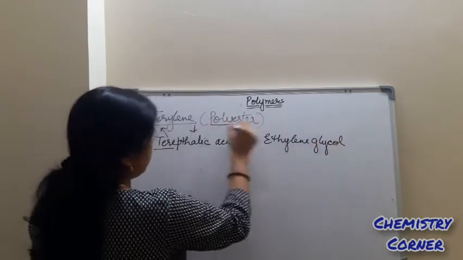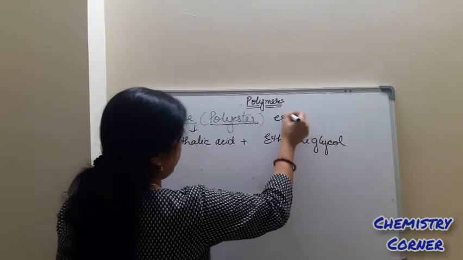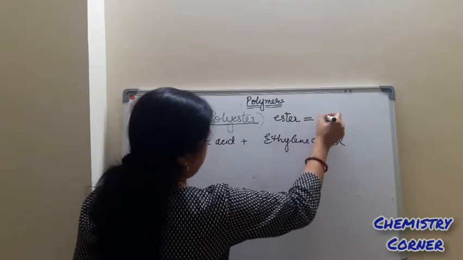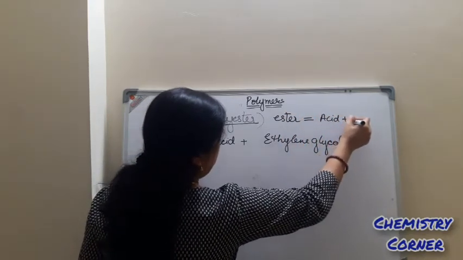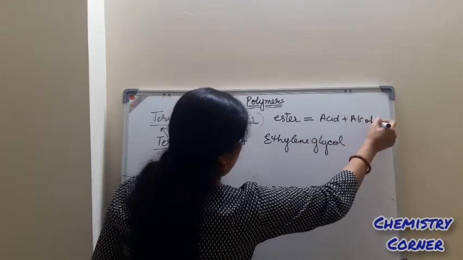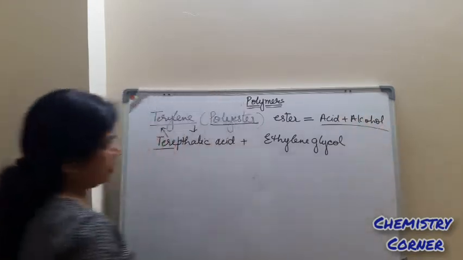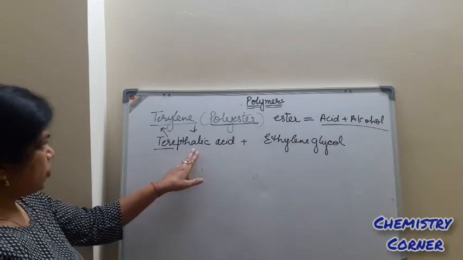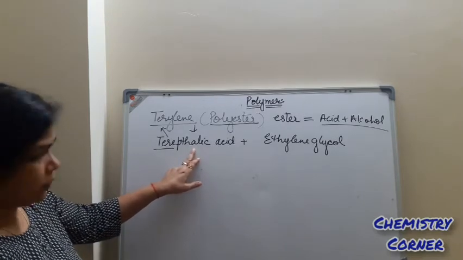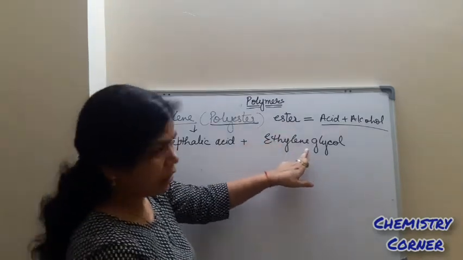Because we know that an ester functional group is formed by the combination of acid and alcohol. It means both monomers should have these functional groups. So one monomer will have acid, one monomer should have alcohol.